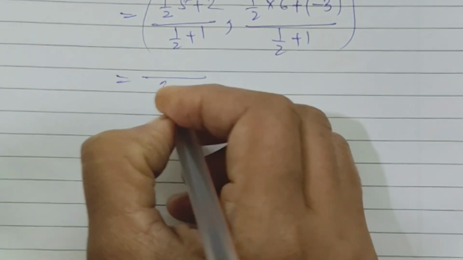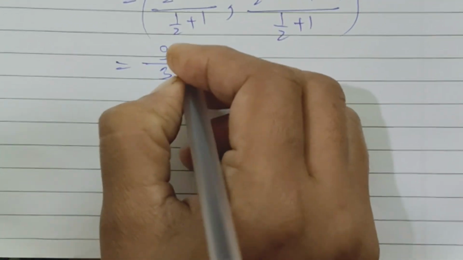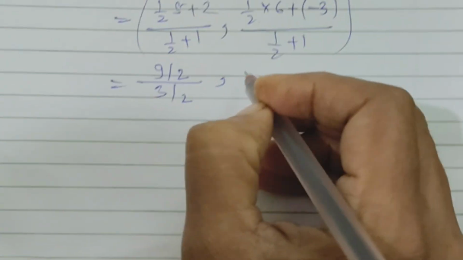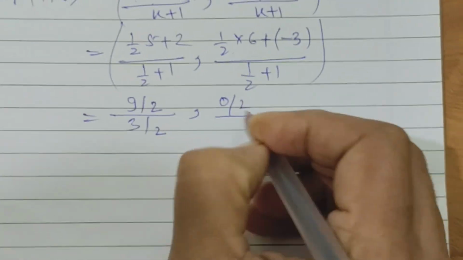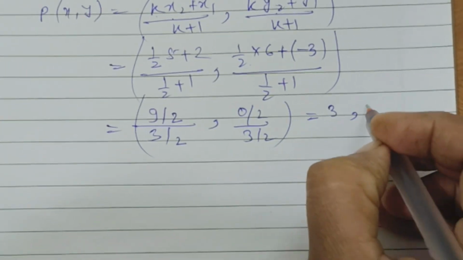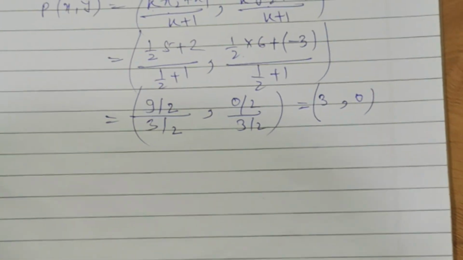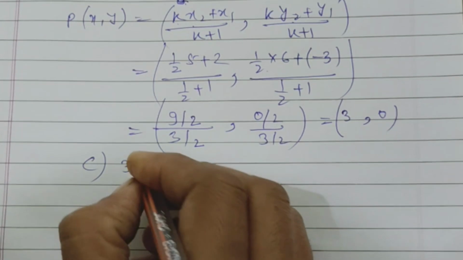So you see, this is 3/2 and this is 2 to the 4 plus 5 is 9/2, and this is 3 minus 3 is 0/2 and this is 3/2. So obviously we have from here 3 and this is 0. So (3, 0) is the answer, and out of these options, option C is the correct option.